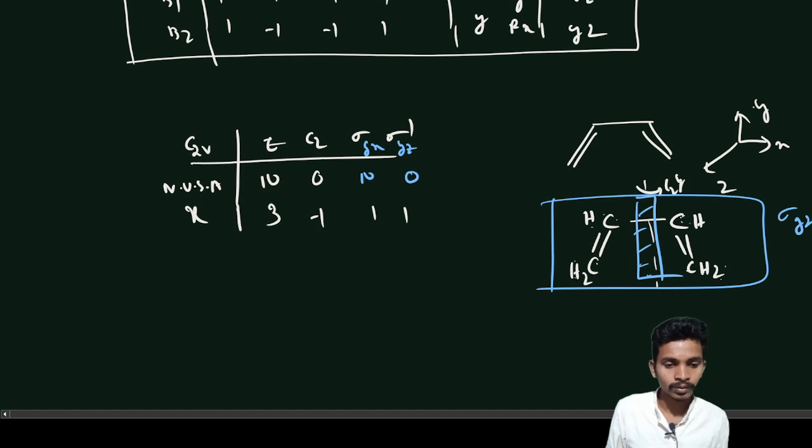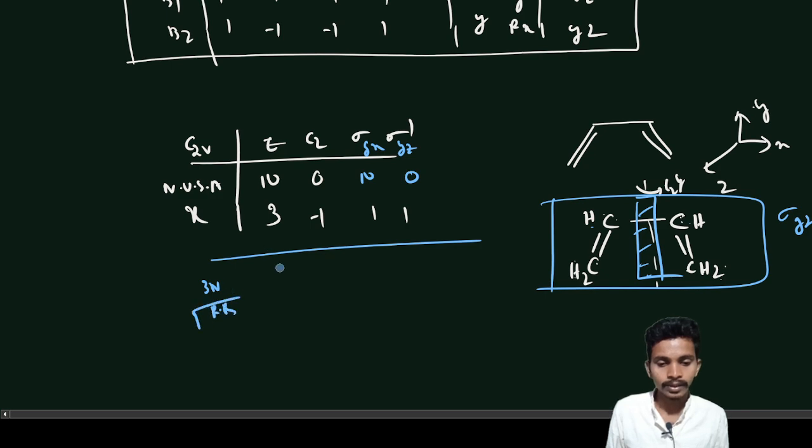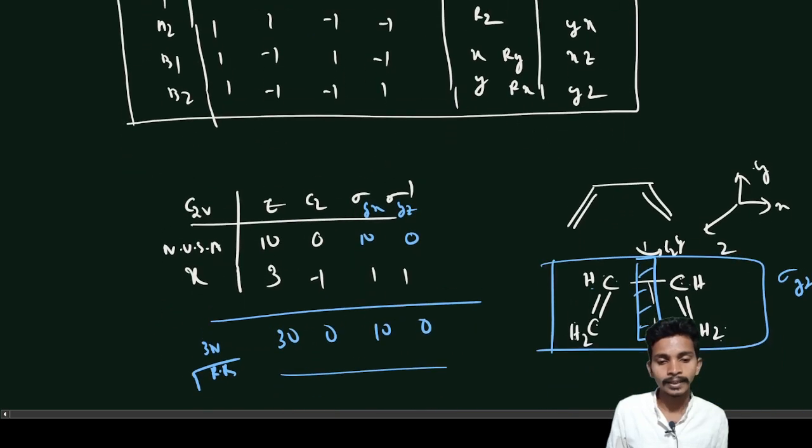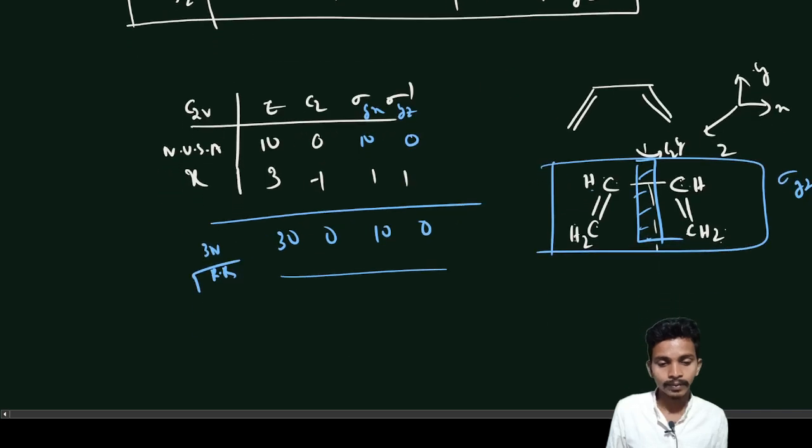So whenever you add it up, the 3n coordinate system reducible representation is 30, 0, 10, 0. So these are the reducible representation characters. Now if you go for the irreducible representations, what you will look for is 1 upon the order h times the sum of xi, yi, zi.